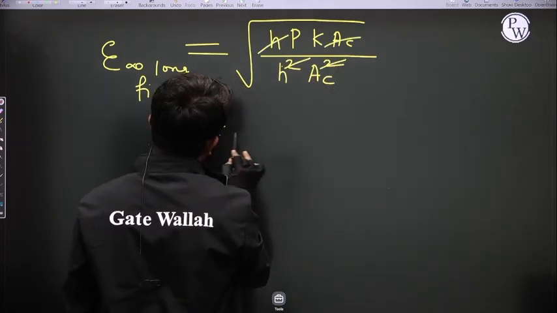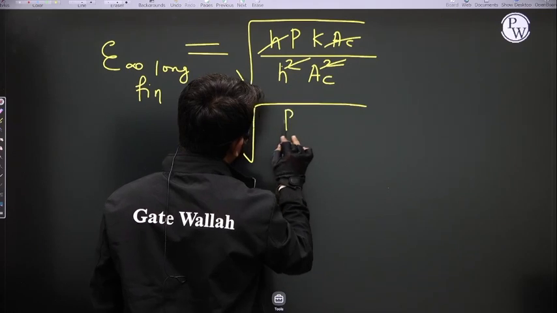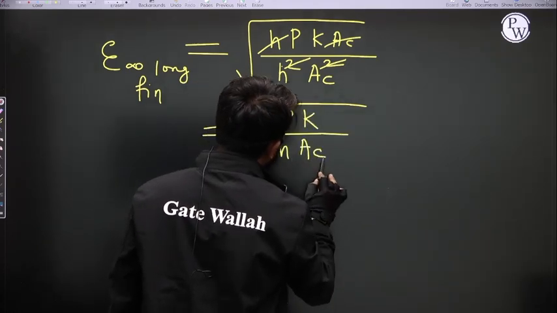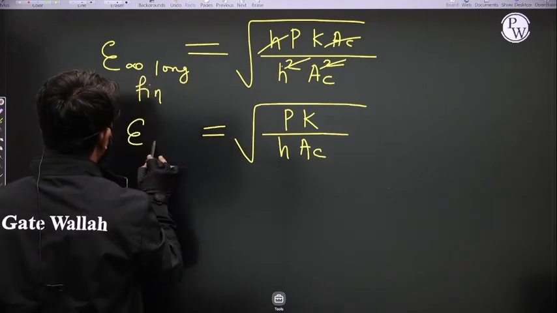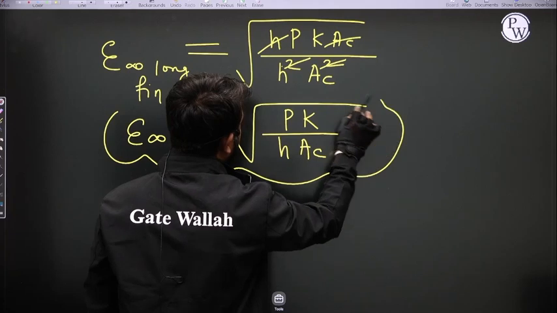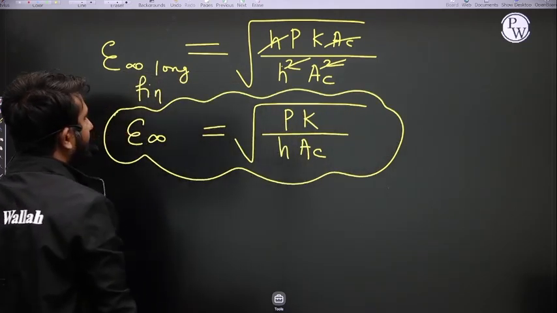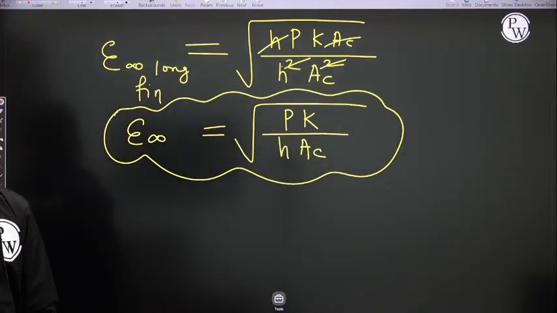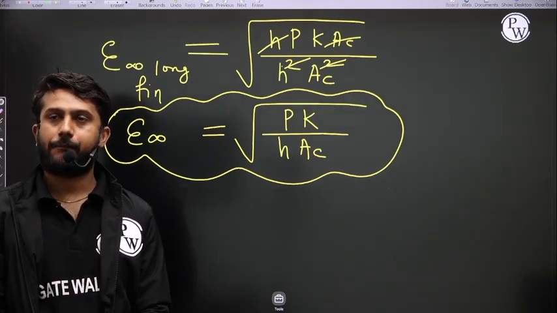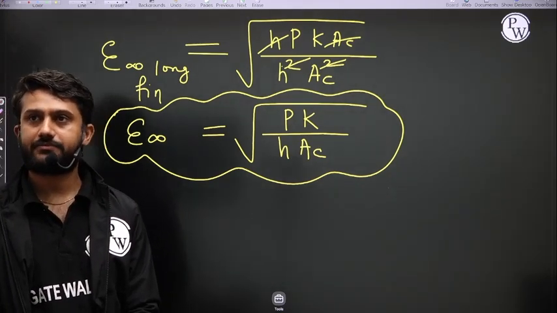So ultimately that is equal to root over P k by h A_c, and this is the effectiveness of the infinitely long fin. Is it fine?